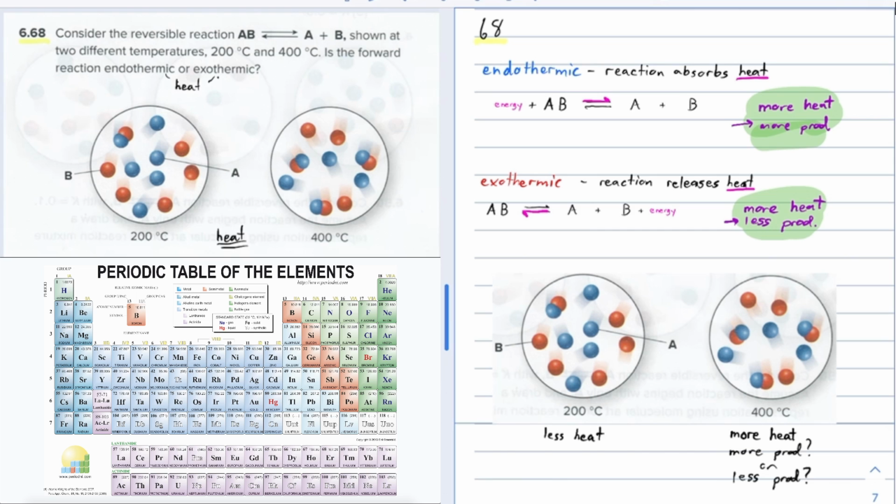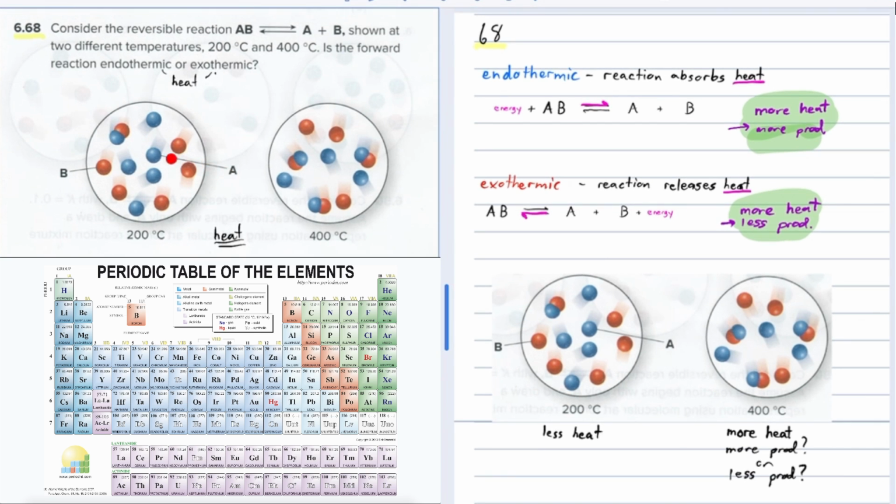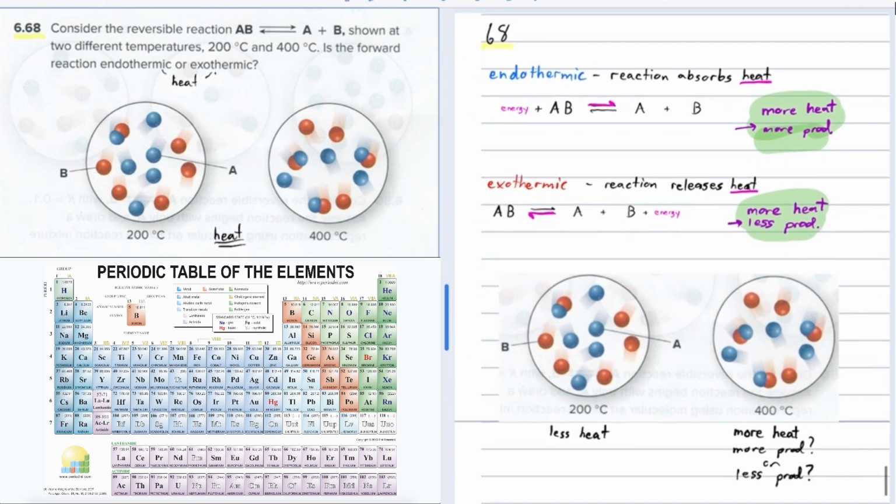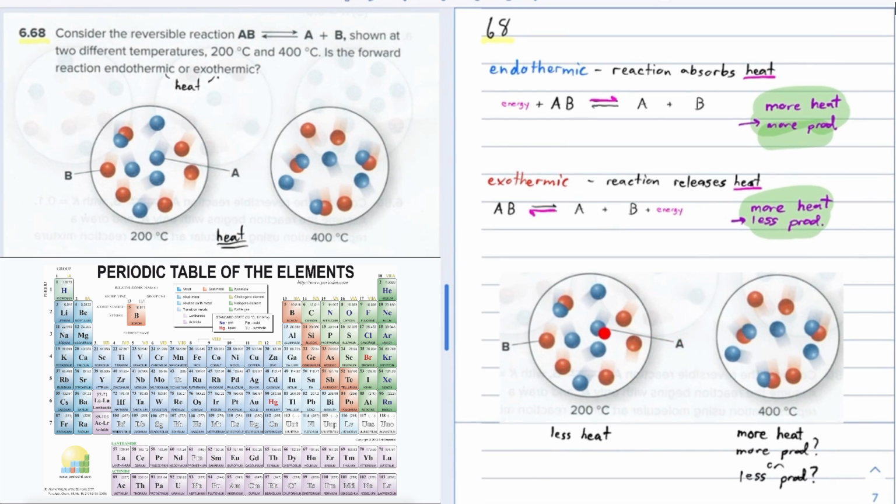The products, remember, are the blue and the red balls, okay? The ones that are attached together, those are the reactants. So here on this side, I count 5 red ones and then 5 blue ones. That's 10 product particles over here. So I'll put 10 product particles.